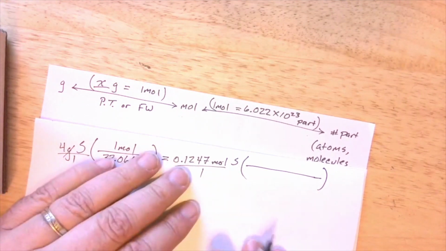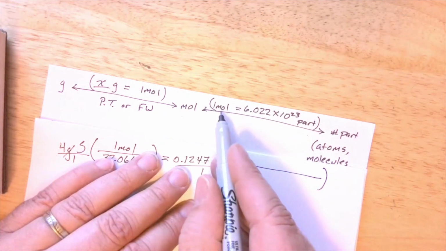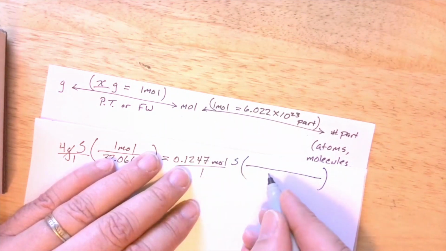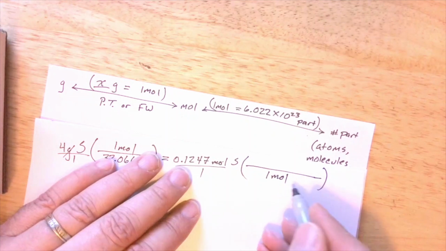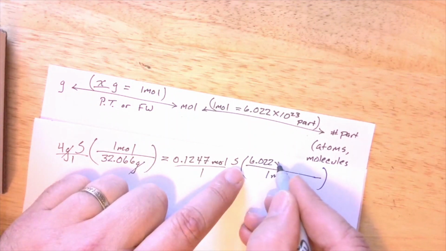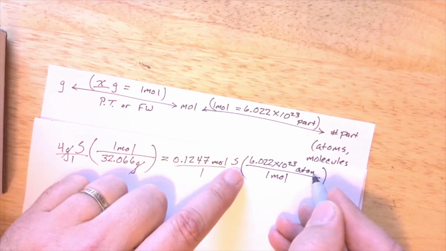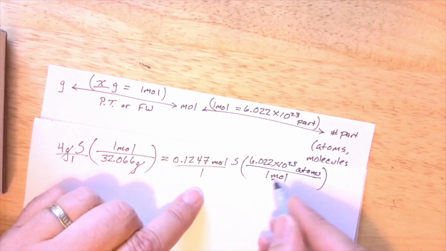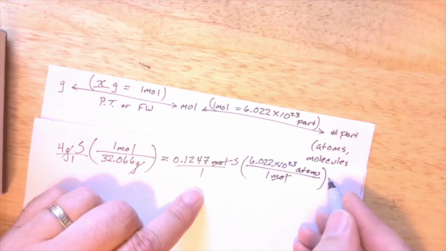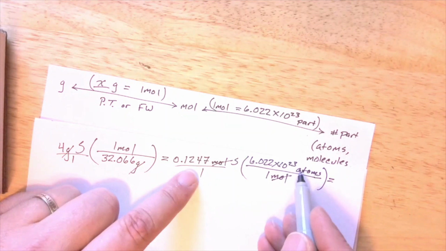So in order to go to the number of moles, moles is on top, I need moles on the bottom. So 1 mole goes on the bottom, and 6.022 times 10 to the 23rd atoms goes on top. This way moles will cancel out. So I'm going to take 0.1247 times 6.022 times 10 to the 23rd.